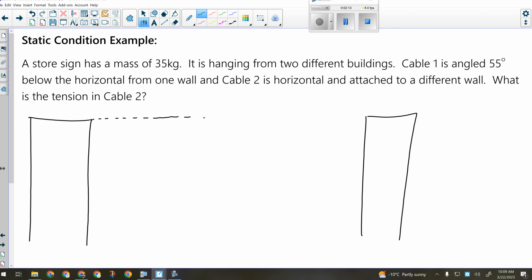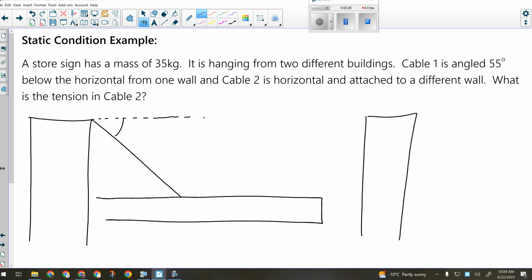I'm going to go 55 degrees below that and draw my first cable. That's going to be attached to the sign. And we know that the sign has a mass of 35 kilograms. The second cable is horizontal and is attached to the other building.